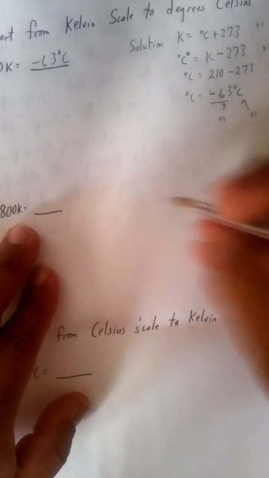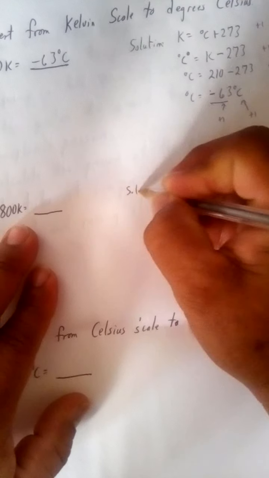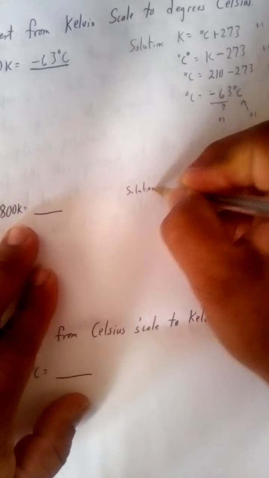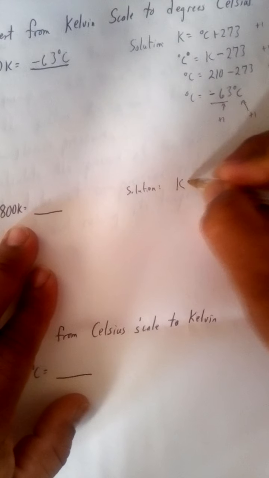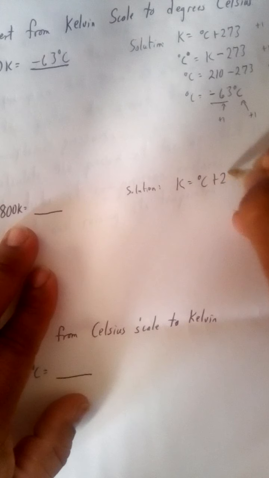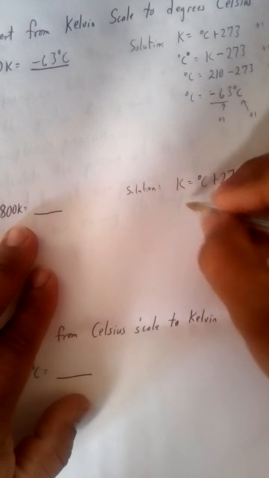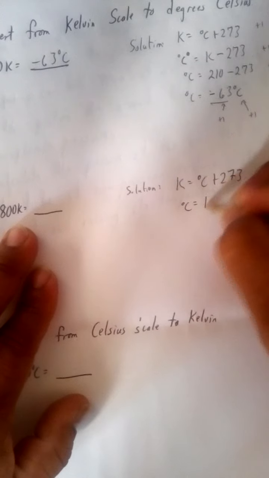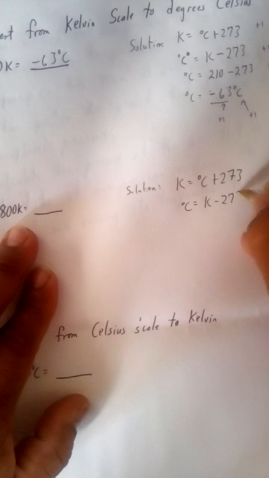So let's do another one. 800 Kelvin. Solution, again, solution will then be Kelvin equals degrees Celsius plus 273. All right, Celsius value equals Kelvin take away 273.